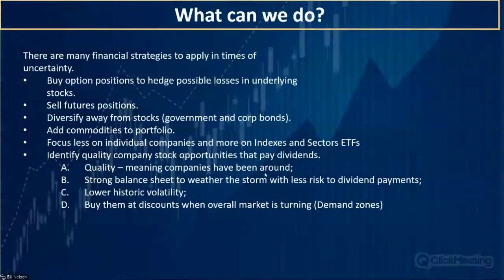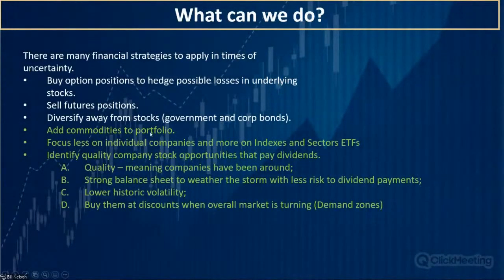What we want to do, though, this afternoon is talk about these last three components. Adding commodities to our portfolio. We want to focus less on individual companies and potentially more on indexes and sectors. And the kinds of companies I want to talk about today are the companies that have stood the test of time.